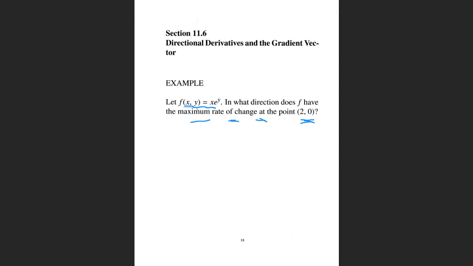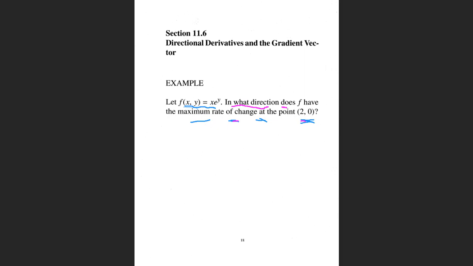So now you're not being given a direction and asked to find the directional derivative in that direction. You're being asked, of the infinite number of directions that there are, what direction would the function have the maximum rate of change at the point 2, 0?